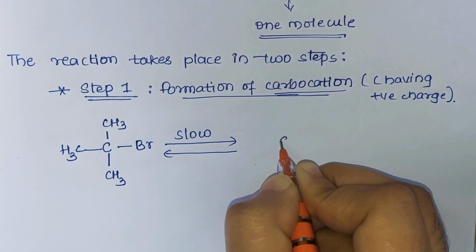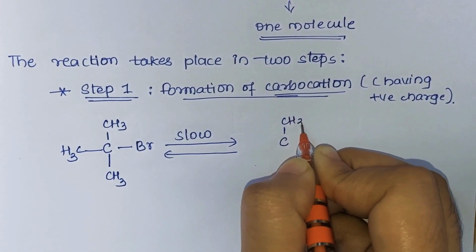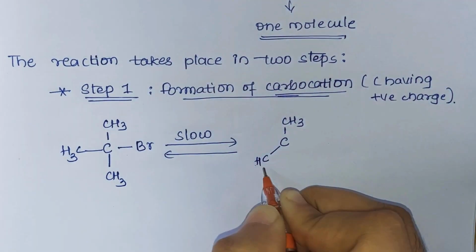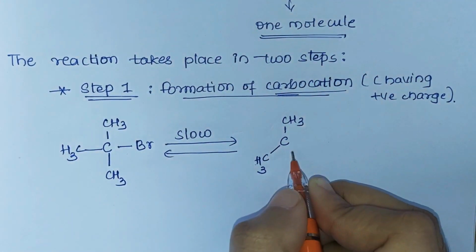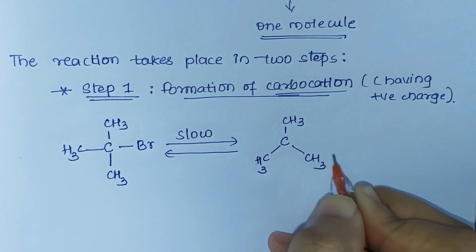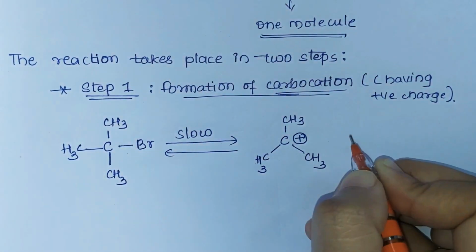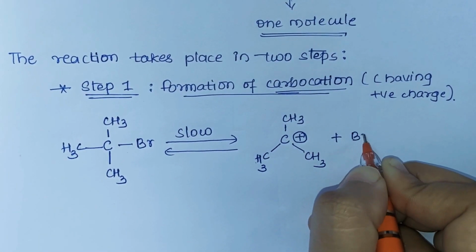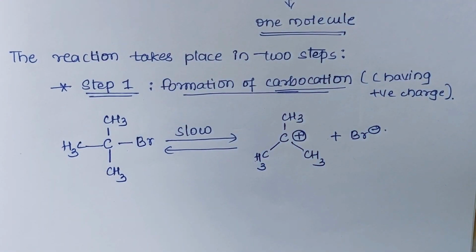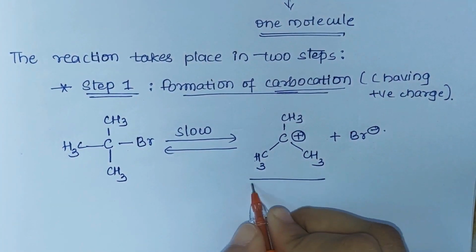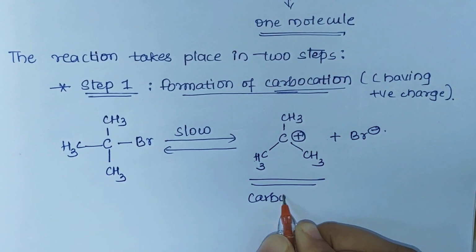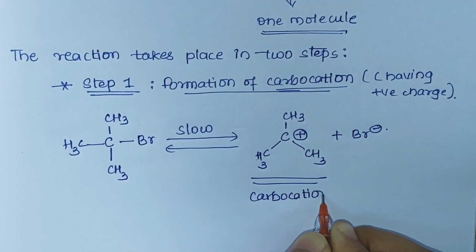So we can see CH3, CH3 and CH3 on the carbon, which has a positive charge, plus Br minus. So the formation of carbocation takes place here, which is stable. Why have we taken a tertiary alkyl halide? Because the tertiary carbocation is more stable.